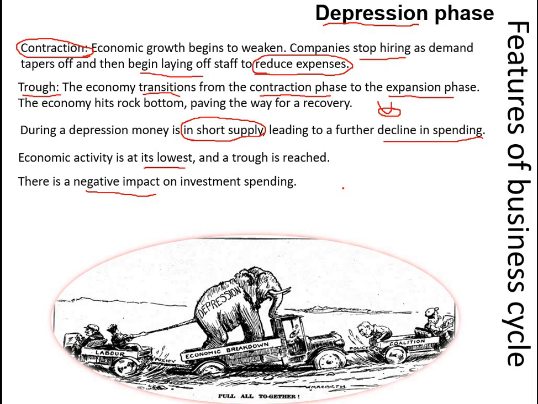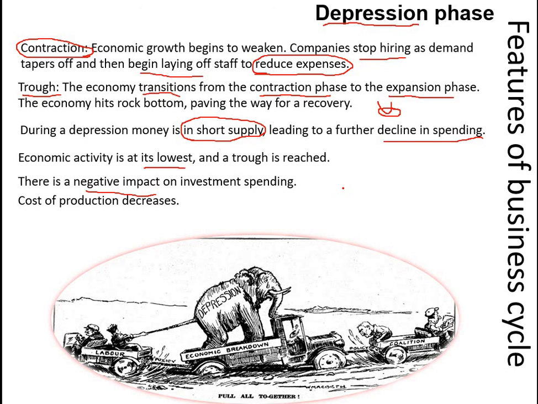Retrenchment occurs. Inflation is high. There is a shortage in money supply. We do not have investors. Businesses are closing. All these aspects take place in the depression phase.